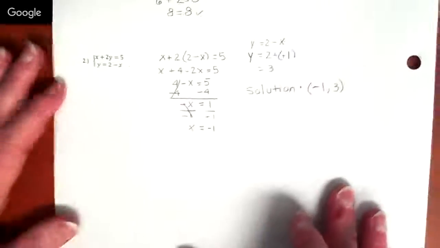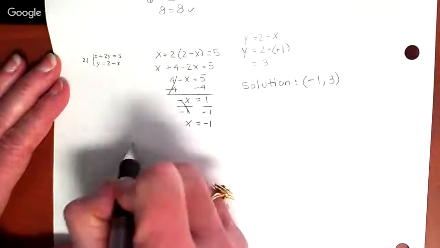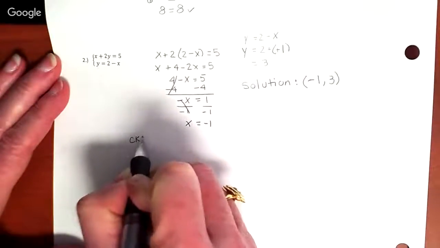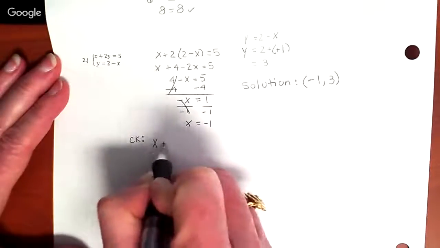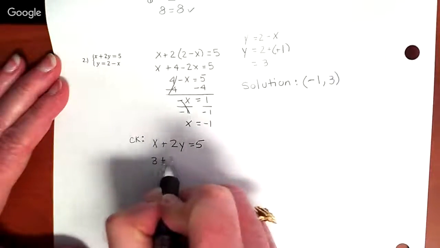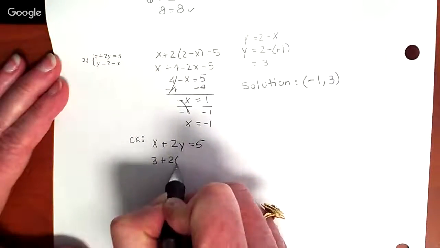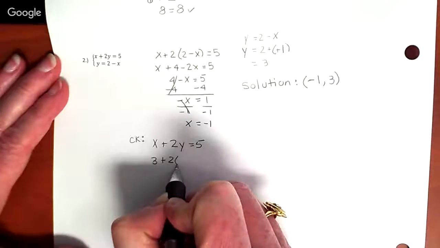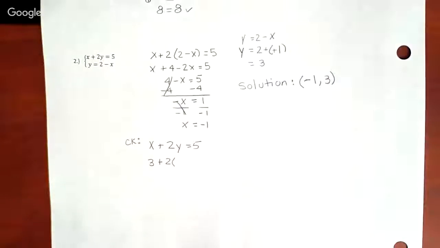Now to check it, I have x plus 2y equals 5. Oh, sorry, I knew I did something wrong.